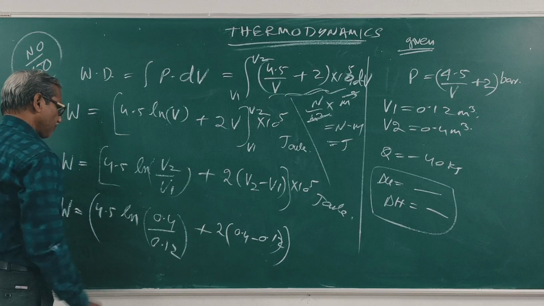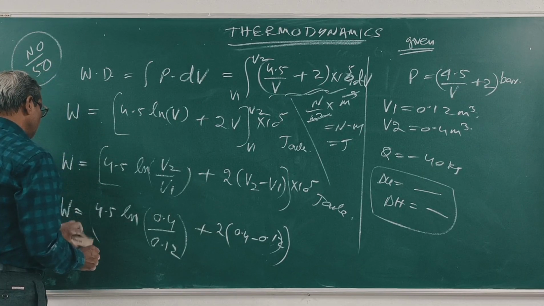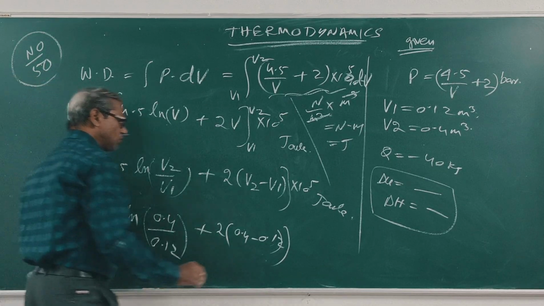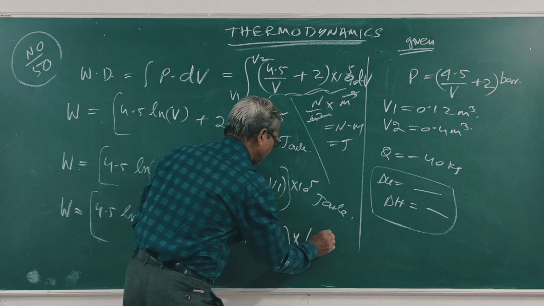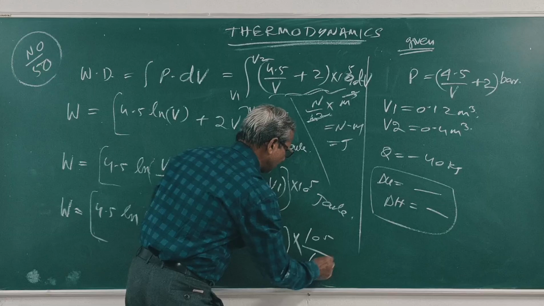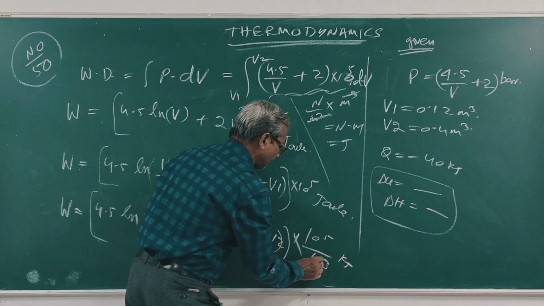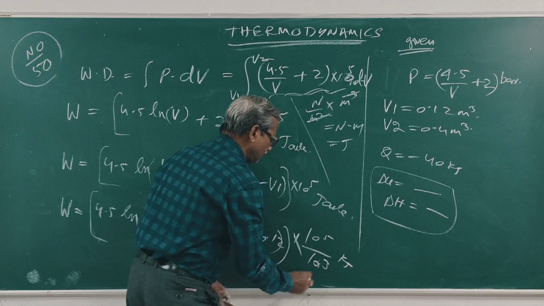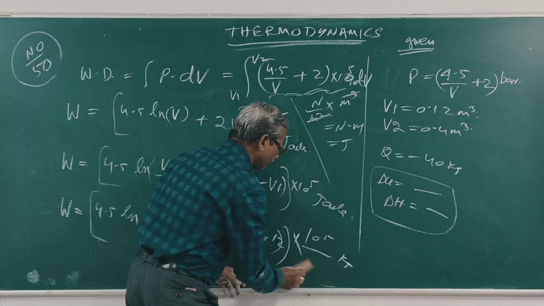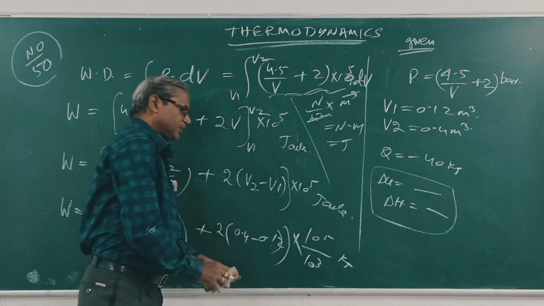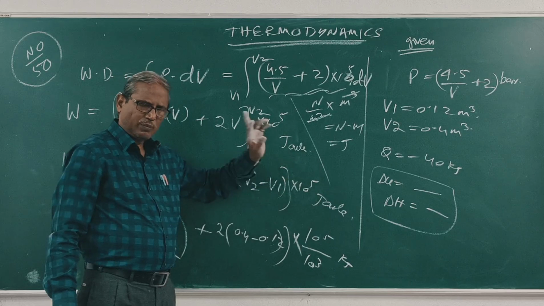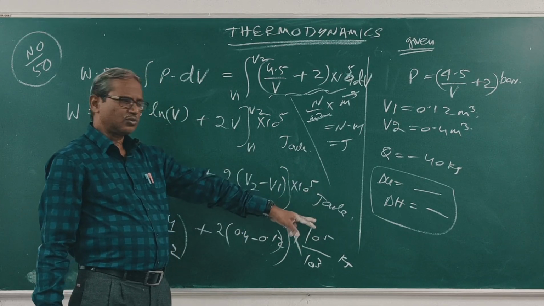Clear? This is whole into 25 joule, so 25 joule by 23 kilojoule.